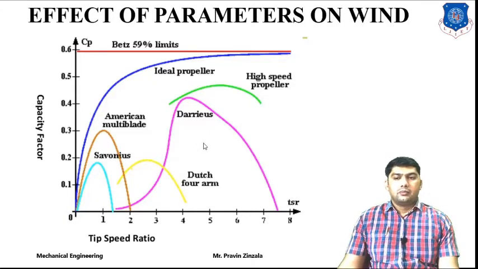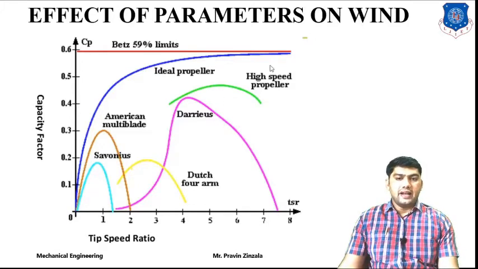For example, this is the graph of the Savonius type. This is the graph of the Dutch type, which is a horizontal axis wind turbine. This is the American multi-blade type. This graph is the Darrieus type of wind turbine. This graph is the high speed propeller type, which has a high tip speed ratio and high capacity factor.